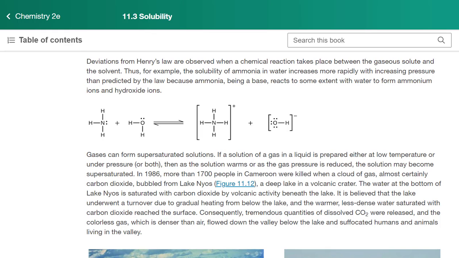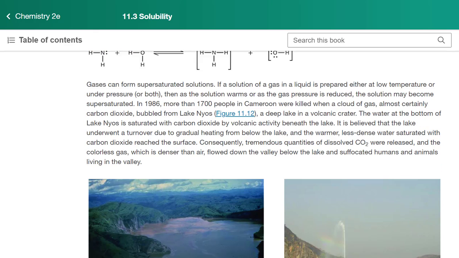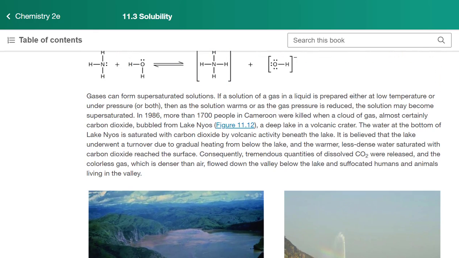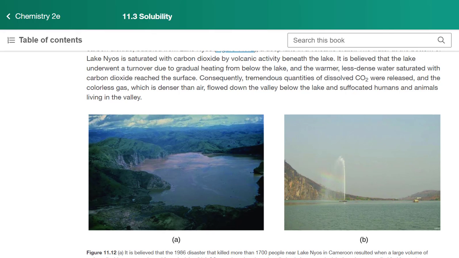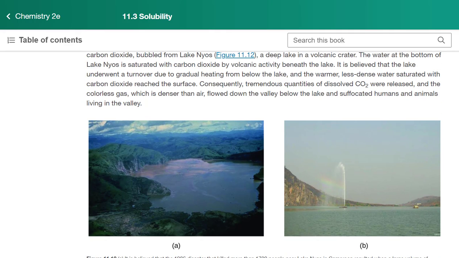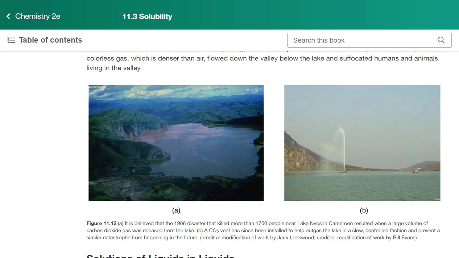Henry's law is not perfect, so there are places where it doesn't always apply, so just be aware of that. And then there are some other examples here, in terms of a large death toll that occurred in Cameroon because of a lake that had a lot of carbon dioxide dissolved in it. So they had to come up with a way of mitigating that. So there's a discussion of that here.